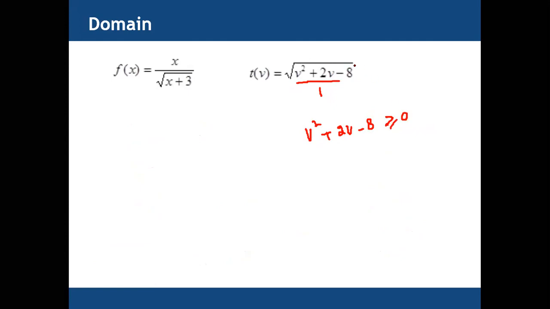Now how can you find the value of v? We know that this is a quadratic function. How can you solve a quadratic function? How can you find the value of the unknown for a quadratic function?